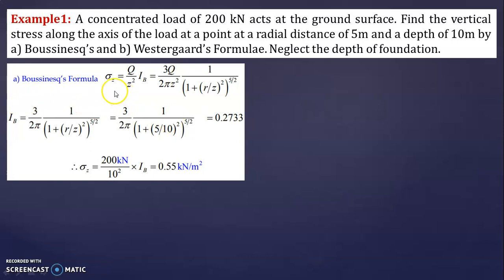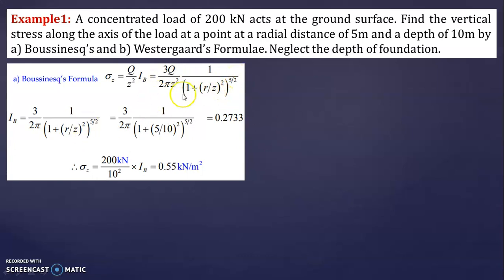The Boussinesq equation you can write in two ways. One is using this IB or KB, that influence factor is also represented by IB, but I have given KB. So sigma Z is equal to Q divided by Z square into KB or IB, that is also equal to 3Q divided by 2 pi Z square into 1 divided by (1 plus (R by Z) square) to the power 5 by 2.